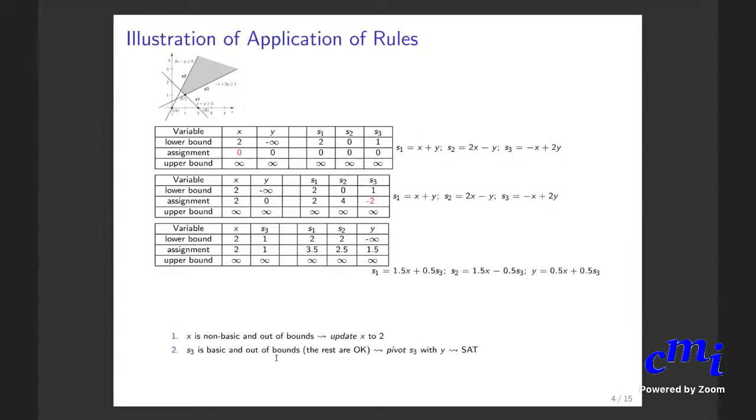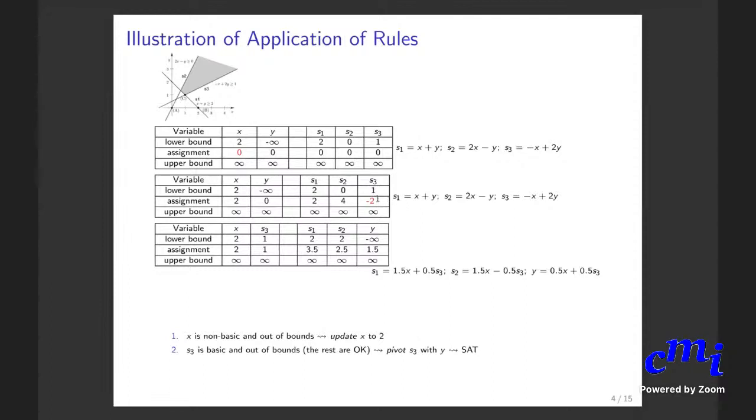Okay, S3 is basic and out of bounds. So we pivot S3 with y, which means adjusting y enough to fix the value of S3, to increase it to its lower bound.